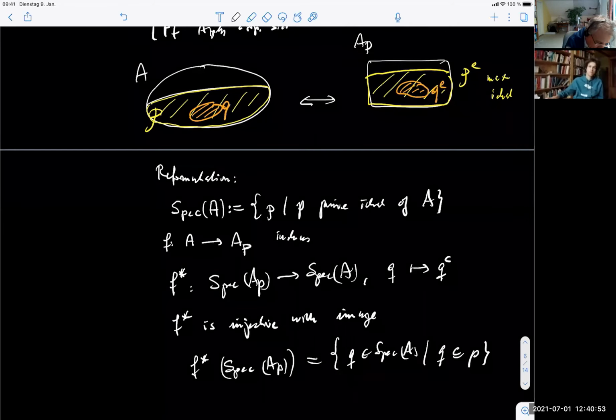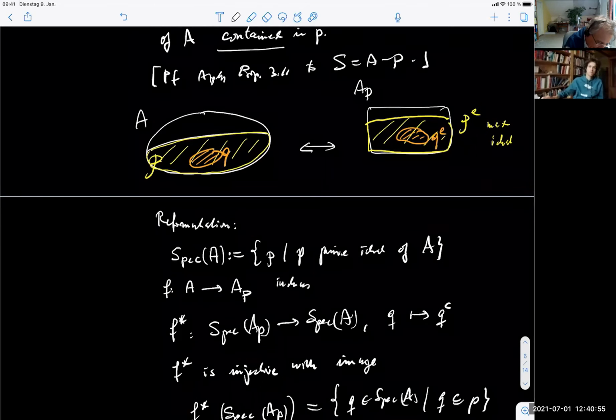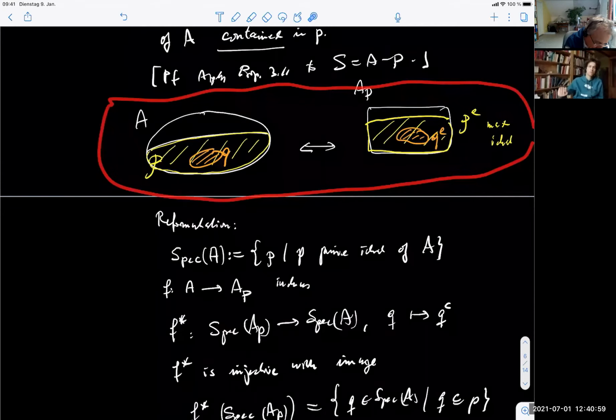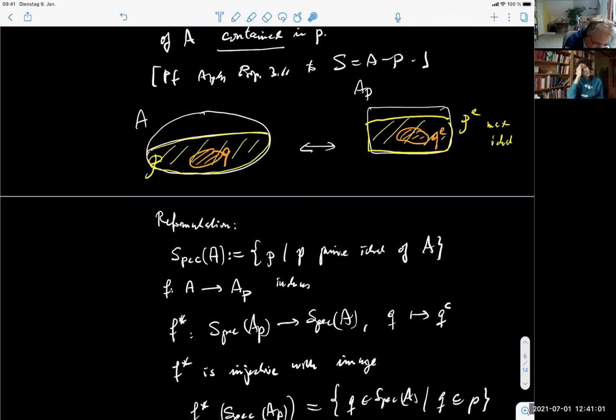Okay, but this picture that I have here is quite important. You see, I have my ring A. Inside, I have the prime ideal. And now I have a way to look only at the collection of prime ideals contained in P by going to the localization.